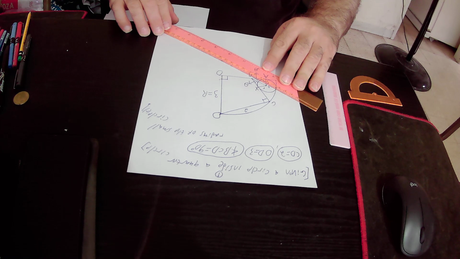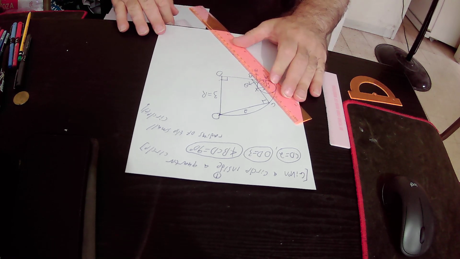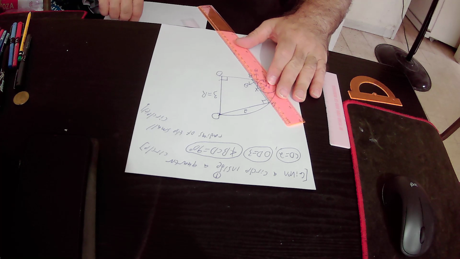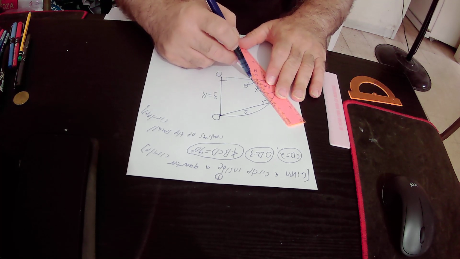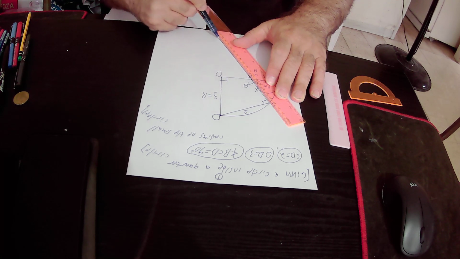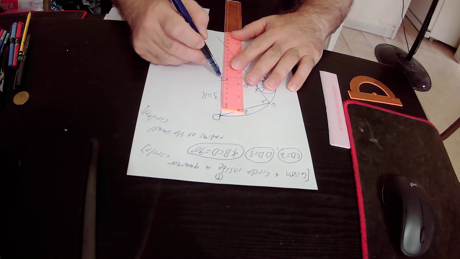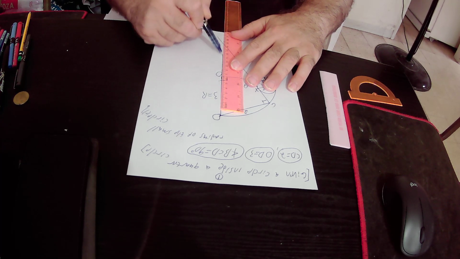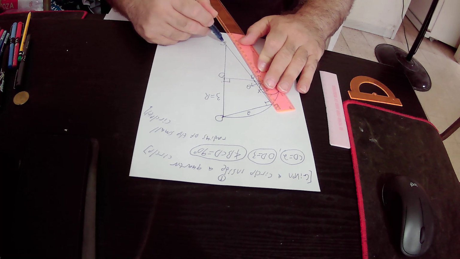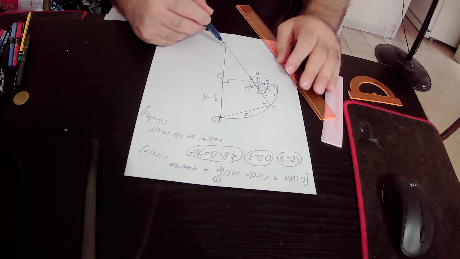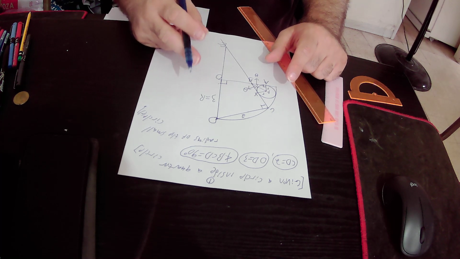Okay, so we will extend CB and DO until they intersect each other at point E. Point E is the intersection point between CB and DO.